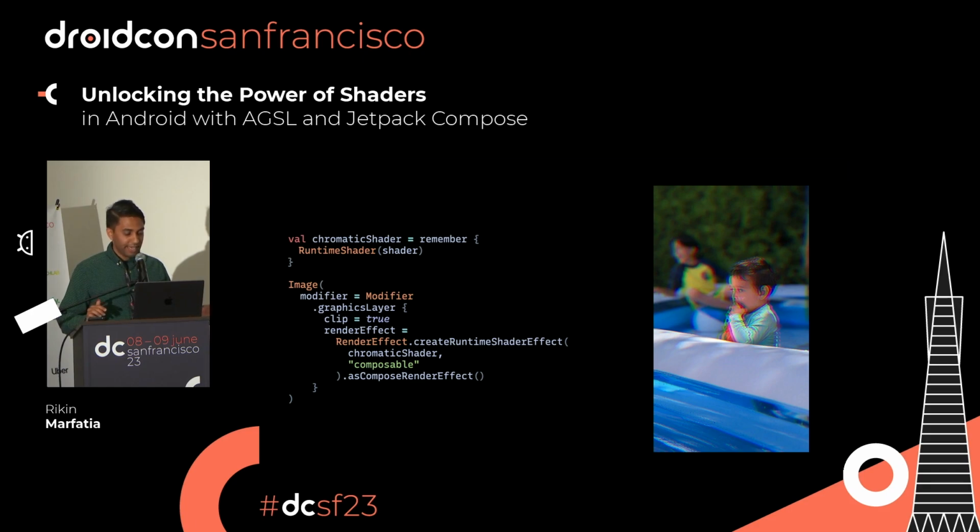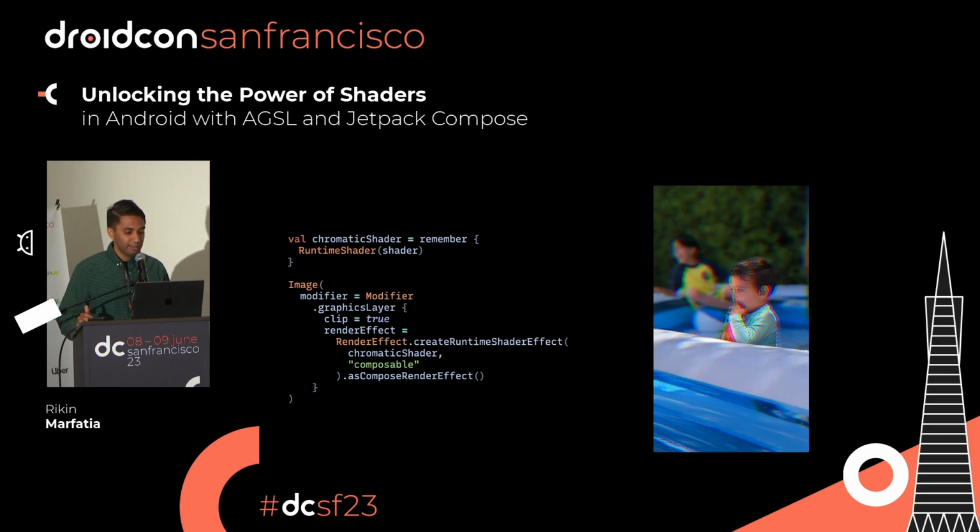And then again, this is where render effects come into play, if we want to pass in our composable itself as a shader for our custom shader code. One way to do that is to use a render effect.